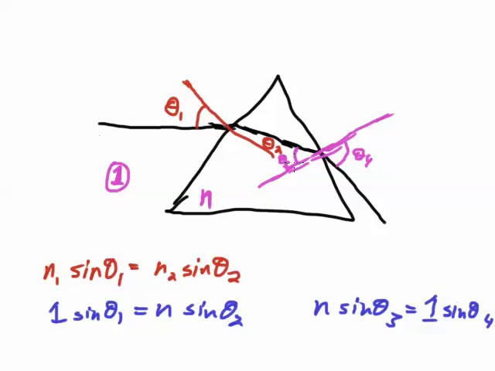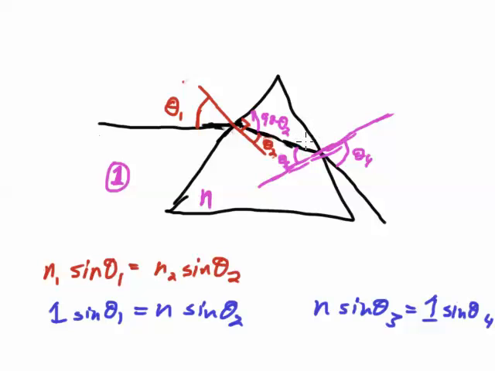Now I need to find the relationship between theta 2 and theta 3, and to do that I'm going to say that this angle here, let me see if I can draw that a little tighter. Okay, so this right here would be a right angle. So this angle here, let me draw it in a different color, would be basically 90 minus theta 2.